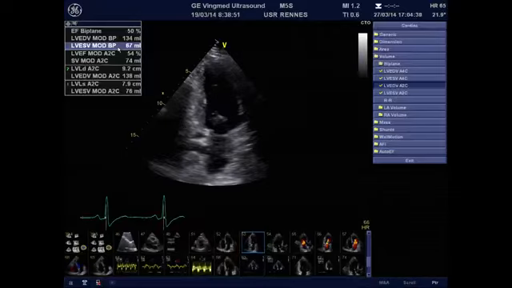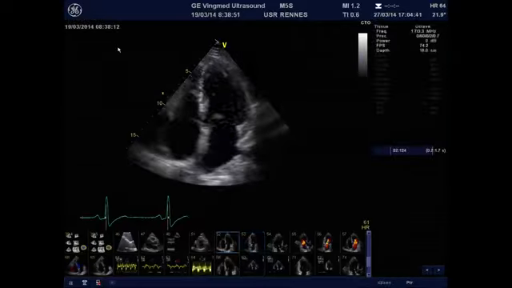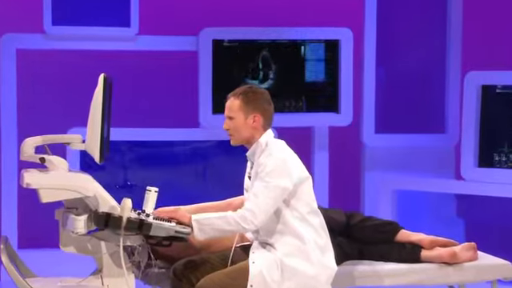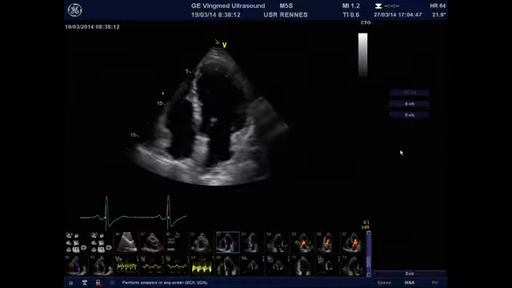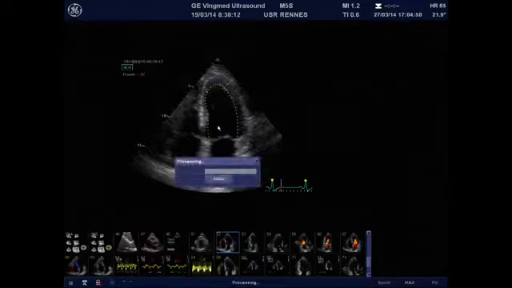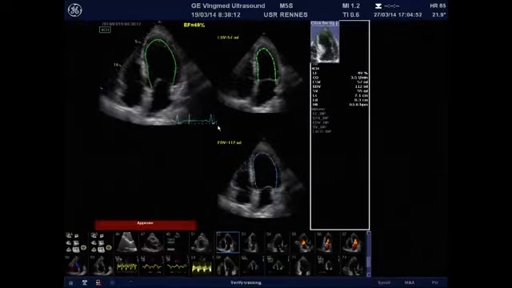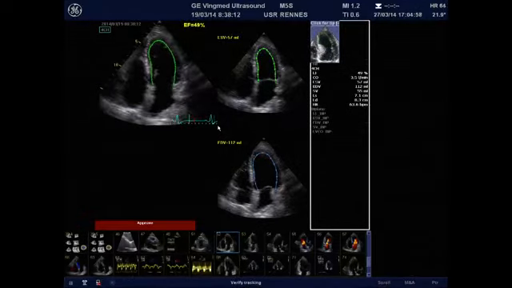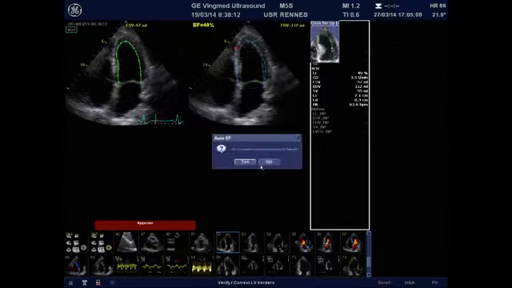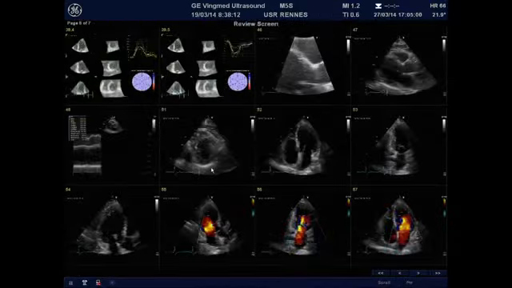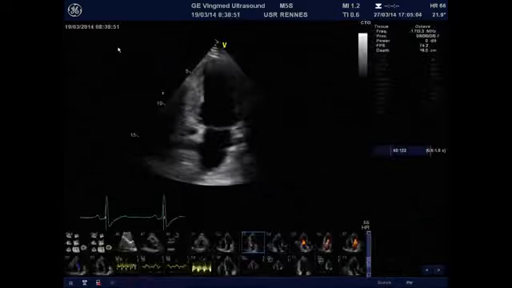We can also measure the LV ejection fraction using an automatic method, with an automatic contour of the endocardium, and we will get this measurement very quickly in the four-chamber view, and we will do the same thing in the two-chamber view.